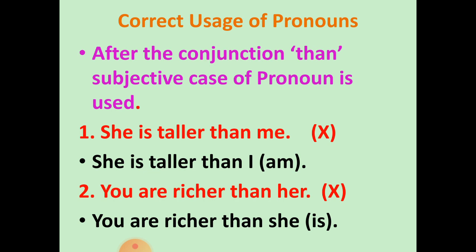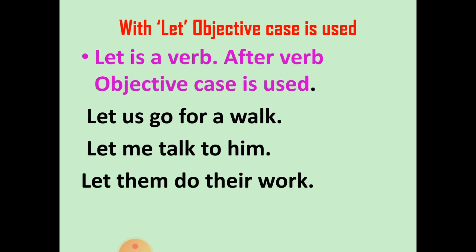Next is, with "let," the objective case is used. You have heard the word let, right? So let is a verb, and after a verb the objective case of the pronoun is used. So "Let we go for a walk?" No. After let, how will we use the pronoun? As an object.